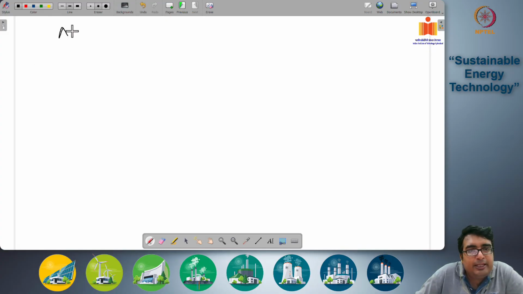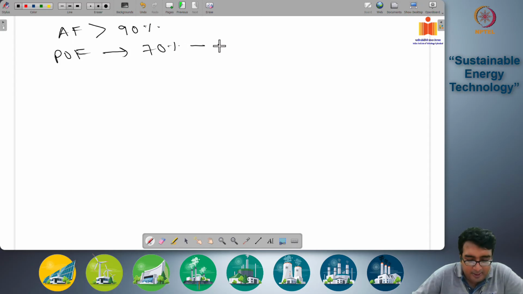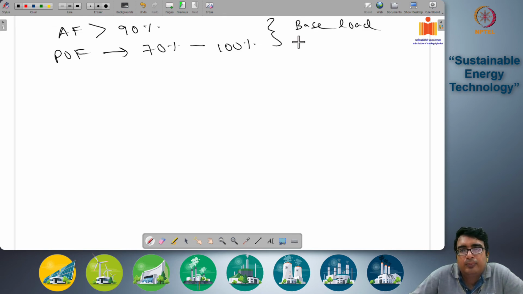Usually their availability factor is greater than 90%, and the power operating factor or capacity factor is of the order of 70% to 100%. These are base load power plants.